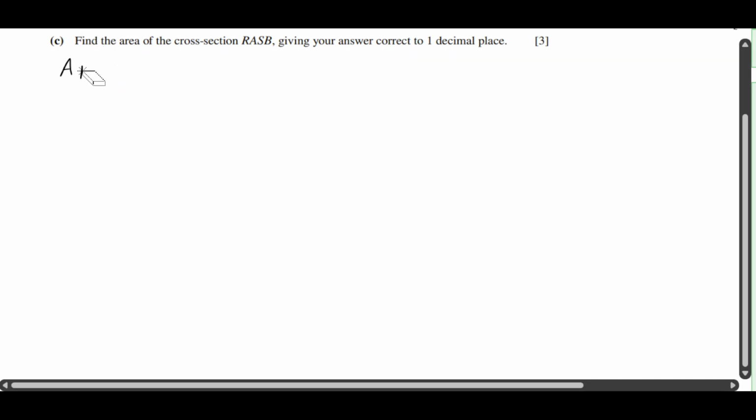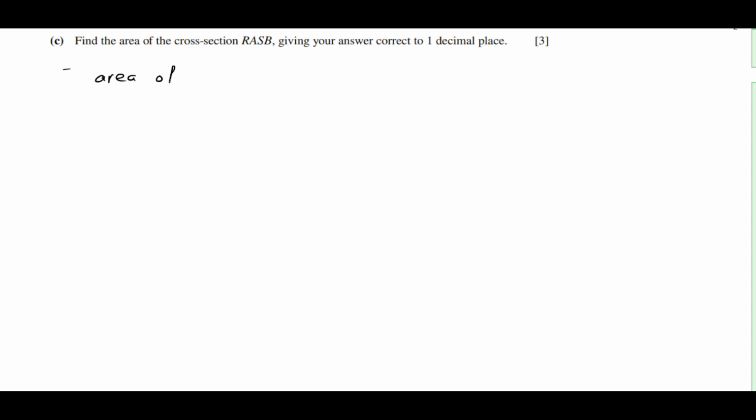So I will say the required area, the area of the cross section.